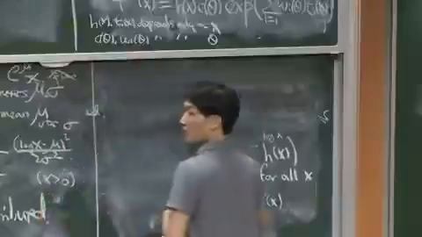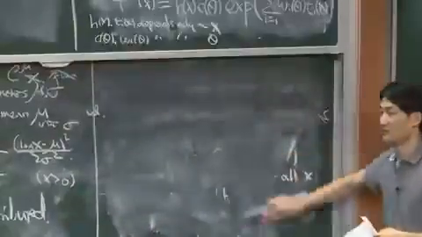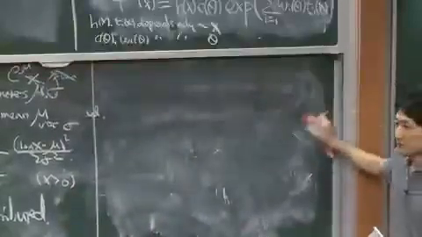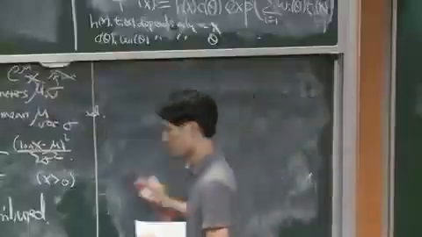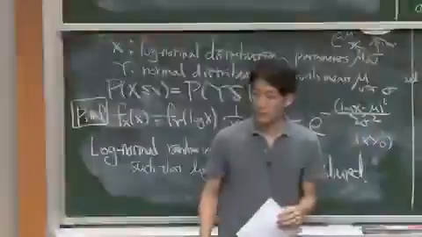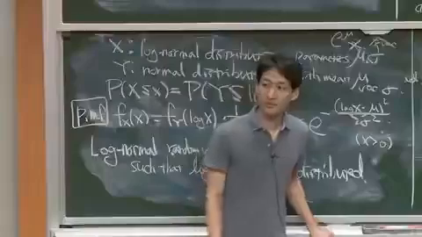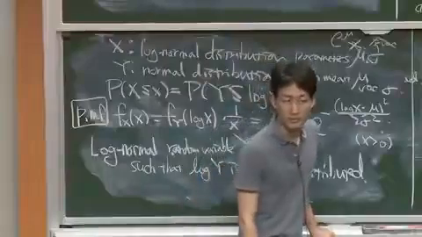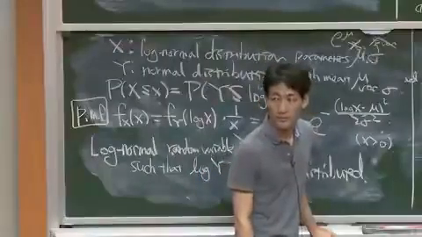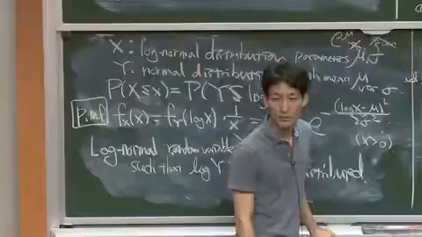Let me just comment on the notion of independent random variables. You went over how the probability density function of a collection of random variables, if they're mutually independent, is the product of the probability densities of the individual variables.